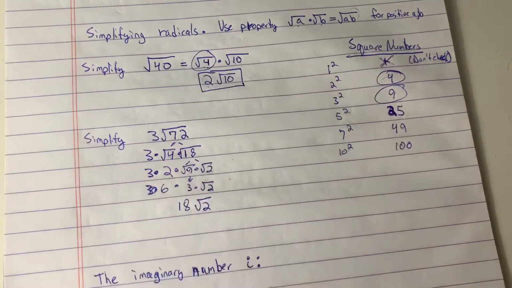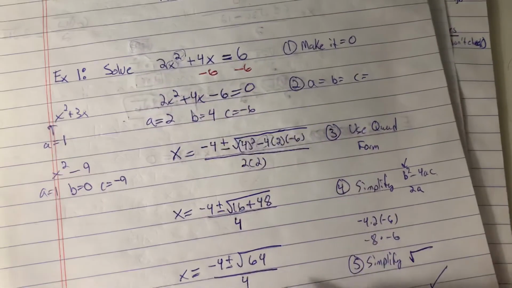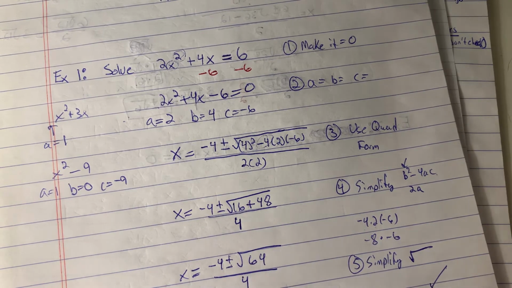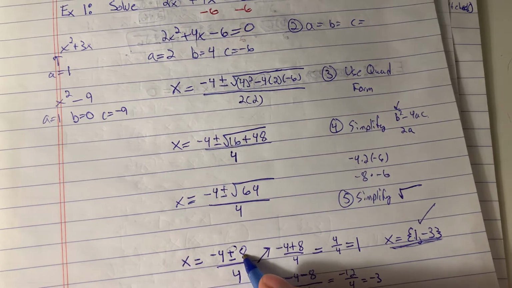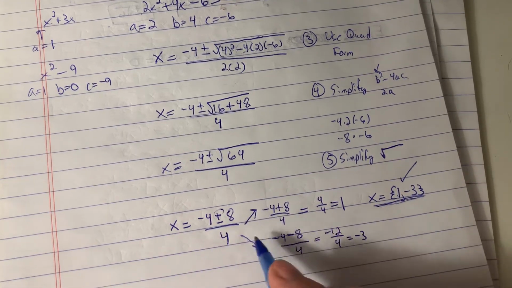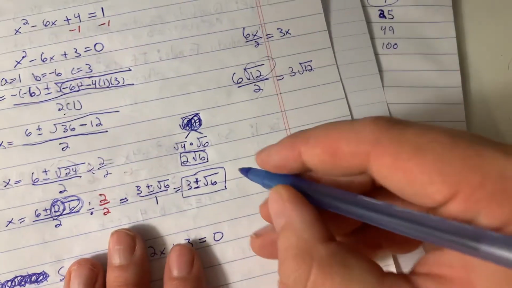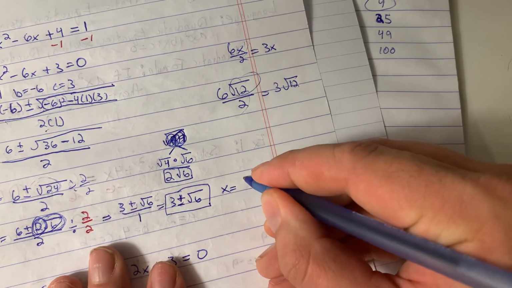If we look back at our first example, when we did the square root of 64, we were able to evaluate the square root of 64, and it was 8, and then we were able to continue on and end up just getting inexact answers. Whereas here, we cannot simplify, and so we end up with 2 solutions.